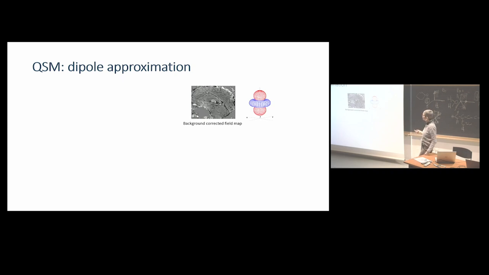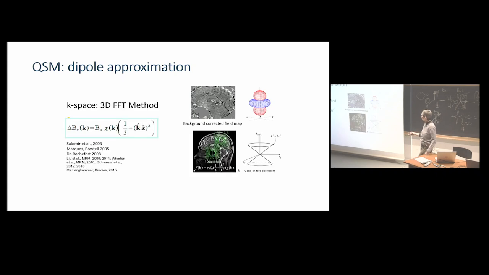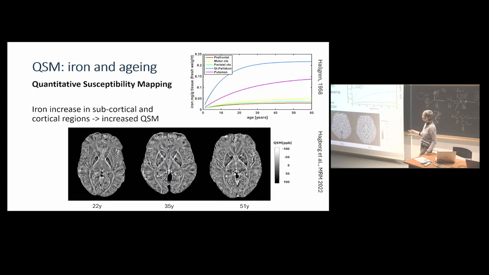And that is due to the dipolar nature of the magnetic field. The nice thing is that you can actually invert this, and some work with people from Marseille has also contributed a lot to this field. So you can take this map and you can invert it, and voila, you get something called quantitative susceptibility mapping.